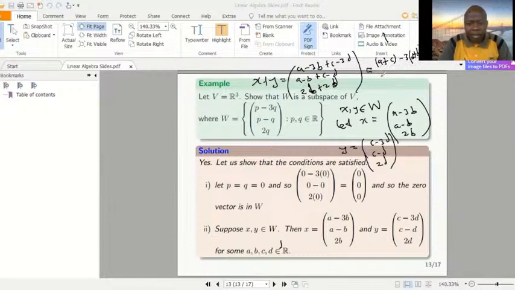And this other one is just a plus c minus b plus d inside brackets. And this other one is just 2 into b plus d.